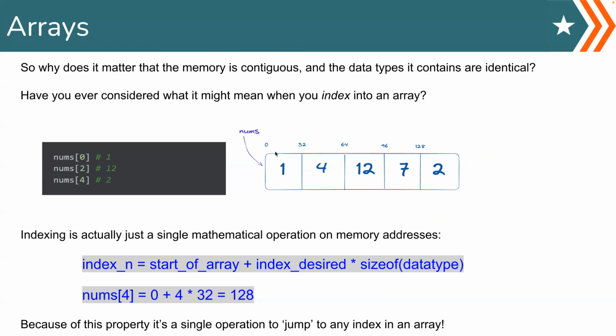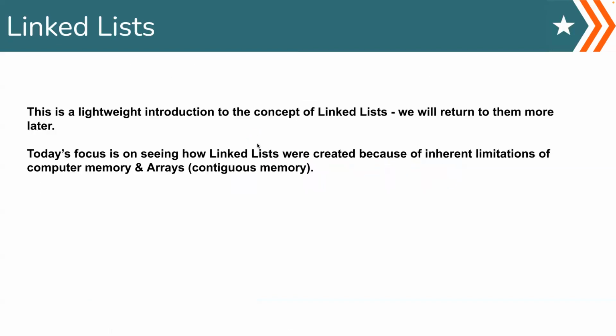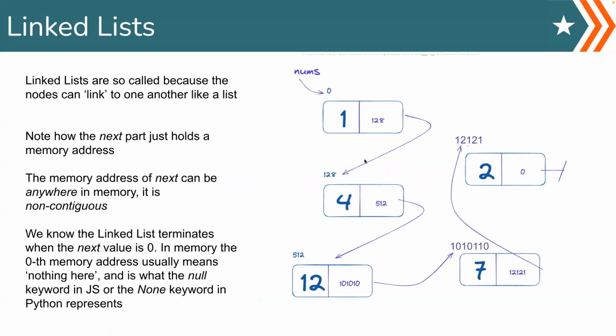So if I want to go to index 3, I just add like 16 to whatever this starting value is, this memory location. I can't really do that with the linked list. I have to go through it in sequence because while each of these might be the same size, I have no idea where the next location in memory is.